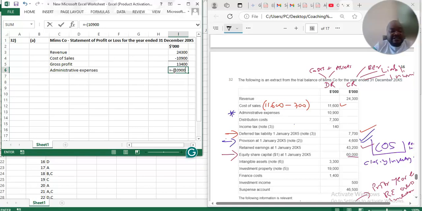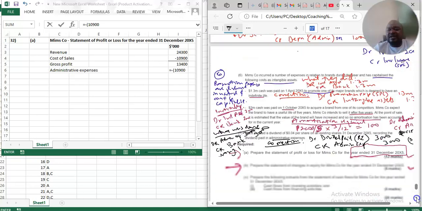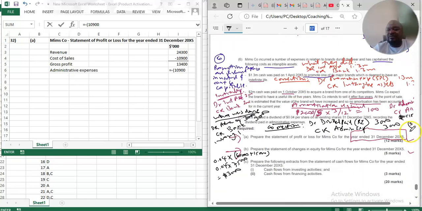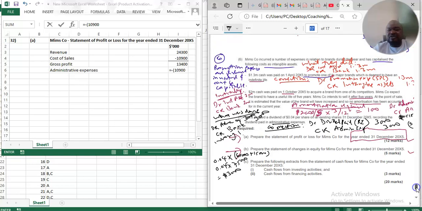But there have been some adjustments which we need to factor in. Okay, so we can start from top to bottom or from bottom up. All right, you need to remember, because some of them are very critical, so you must have a sharp memory. So we start with note number 7 here.